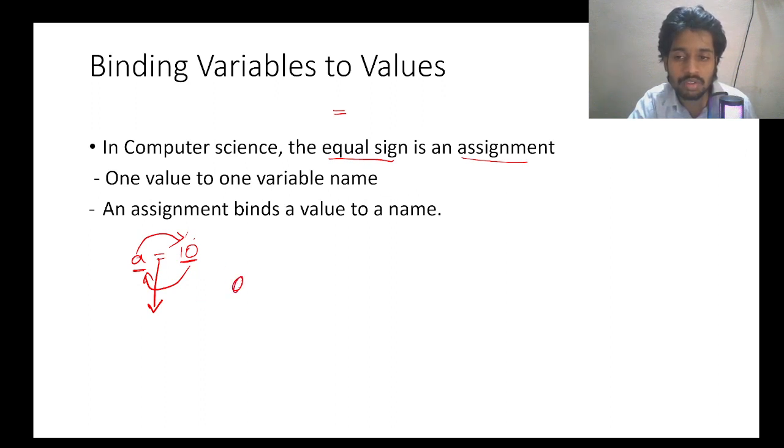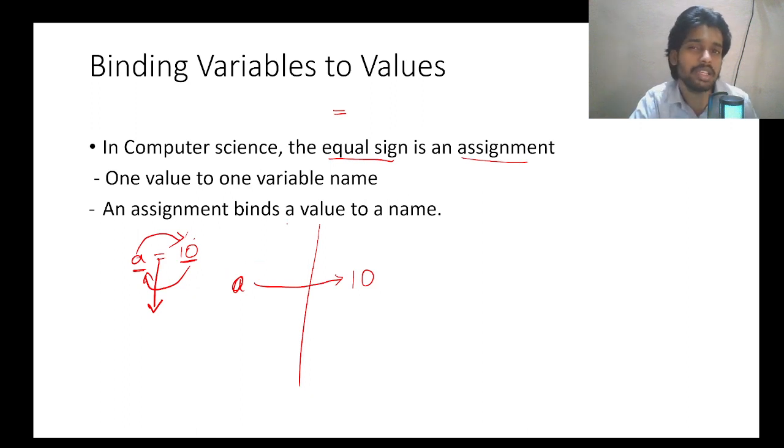There is a variable a stored in the memory, and there is also a value stored in the memory. So it's binding it, combining these two things. Thus a is actually pointing to the 10. Especially in Python, unlike C language and Java, the memory representation of variables is a bit different.